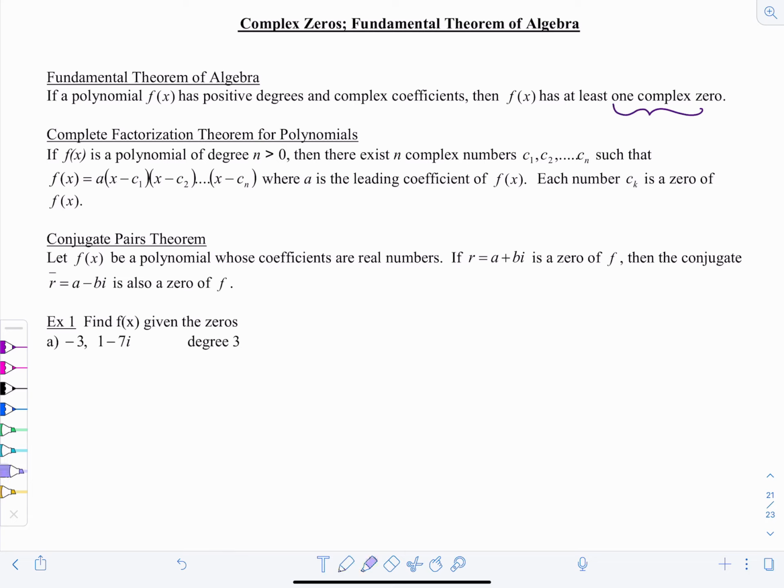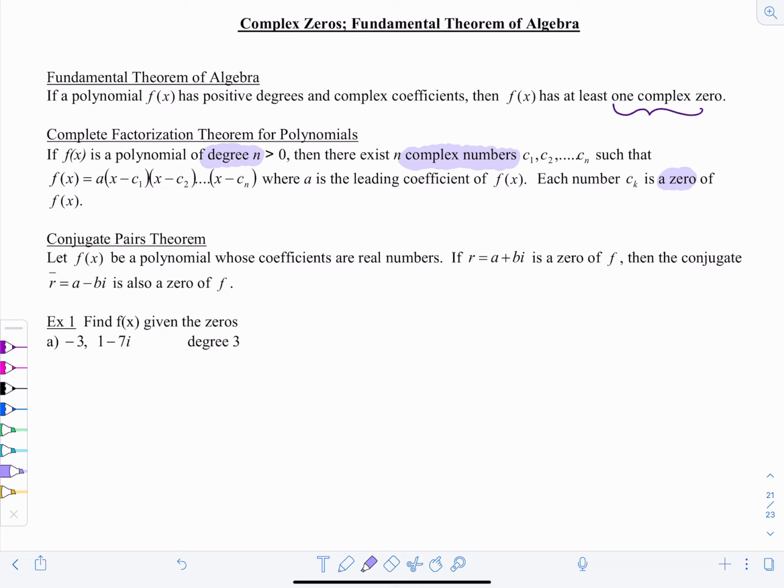This is exciting because whatever the degree of the polynomial, as long as we look in the entire plane of complex numbers, not just real numbers but also imaginary, you're going to find that many zeros. Whatever n is, you'll have n many zeros, and you can write f factored with n many factors. So if your polynomial has degree 100, you will have 100 complex roots. Don't worry, we won't do anything that crazy, but it's just what this is telling us.